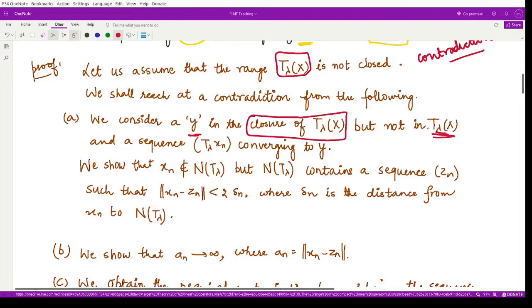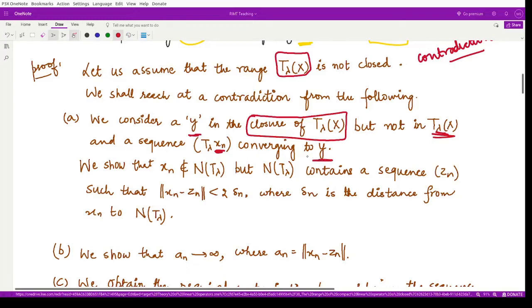If this is the case, then we have a sequence T lambda of xn, where all of these xn's are members of the normed space X. This sequence T lambda xn converges to y. This is the first thing.